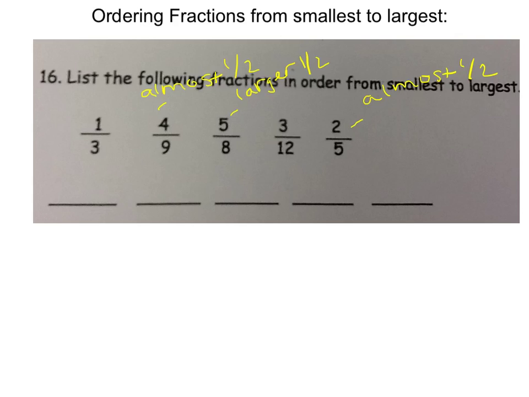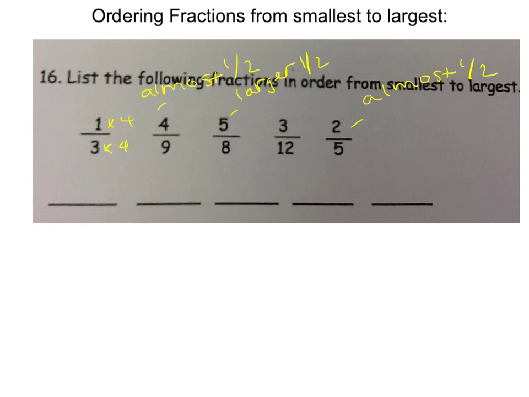I notice that I have fractions that are smaller than 1/2. So I'm going to start with one of those. But I'm not sure whether 1/3 is smaller or whether 3/12 is smaller. I'm going to find a common denominator so that I can compare the two.